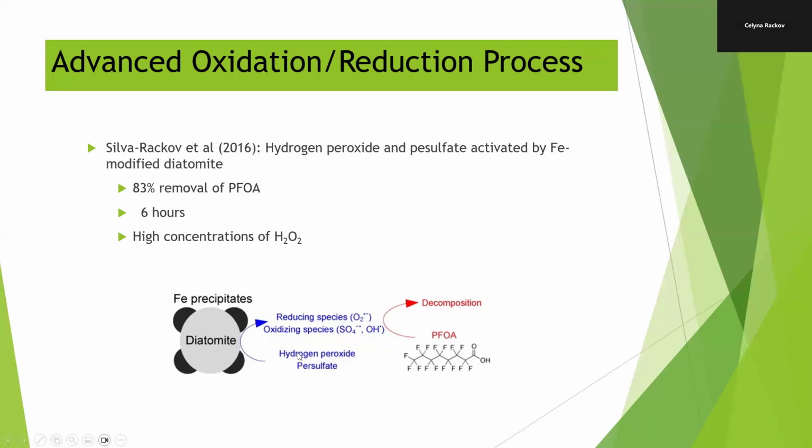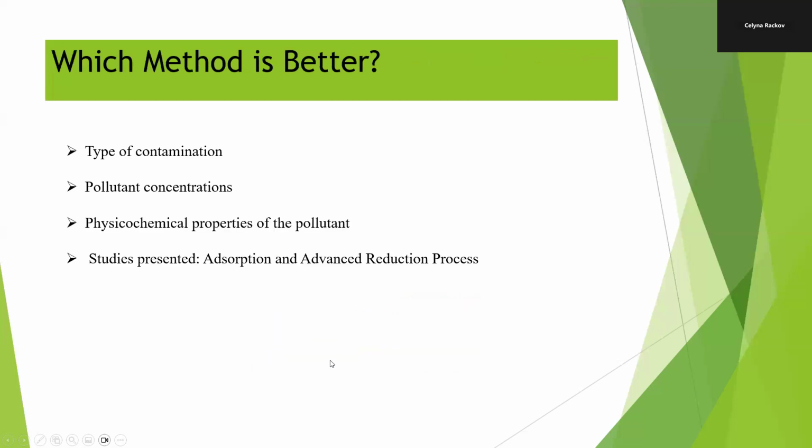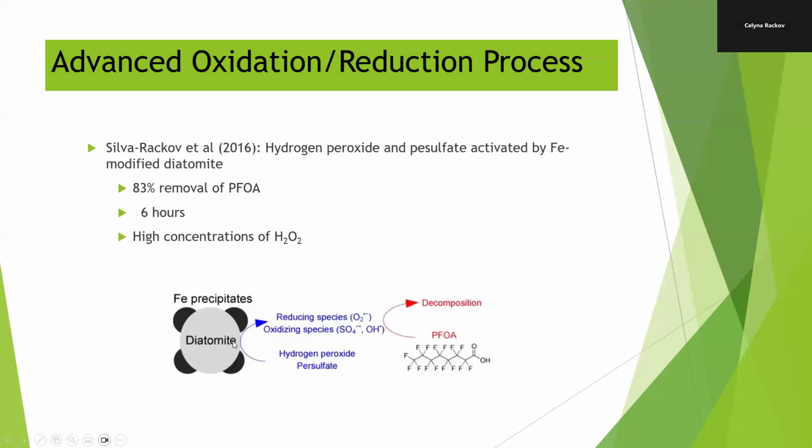So the hydrogen peroxide or persulfate were activated by the iron on the surface to produce reducing species like superoxide and oxidizing species such as sulfate and hydroxyl radicals.